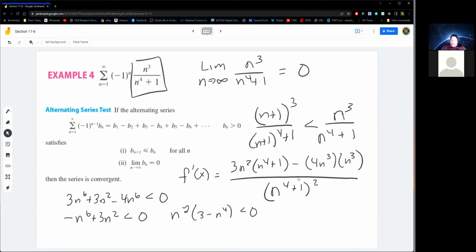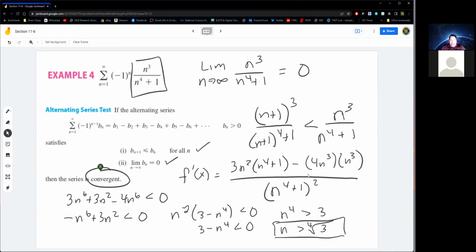So I have 3 minus n to the fourth is less than 0. So I get n to the fourth is greater than 3. So n is greater than the fourth root of 3. As long as that's true, it's decreasing. And that's basically just over 1. So we're good. It meets that criteria. So it is convergent.